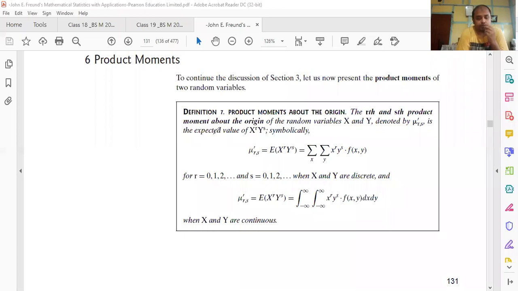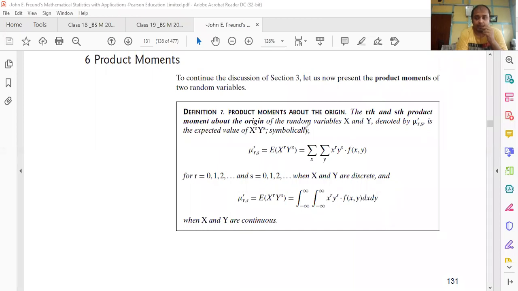Let us read the definition given in Definition 7 of the book of John Freund. It goes by the name product moments about the origin. The definition goes like this: the rth and sth product moment about the origin of the random variables X and Y, denoted by mu r comma s prime, is the expected value of the quantity capital X raised to the power r multiplied by capital Y raised to the power s.